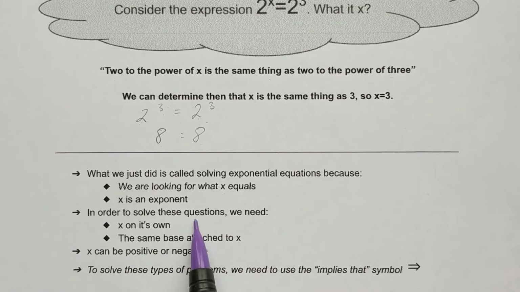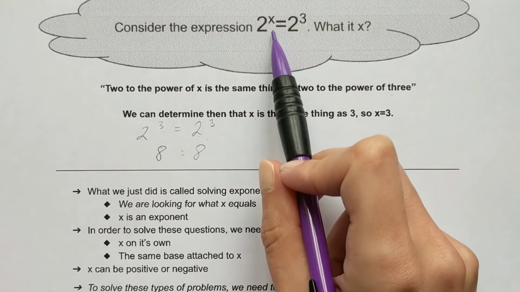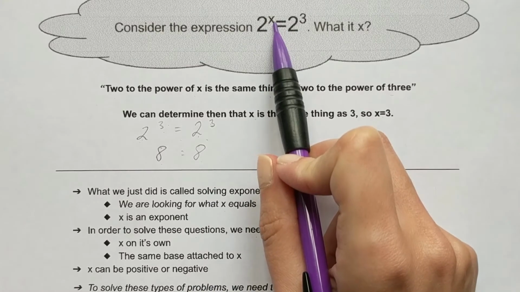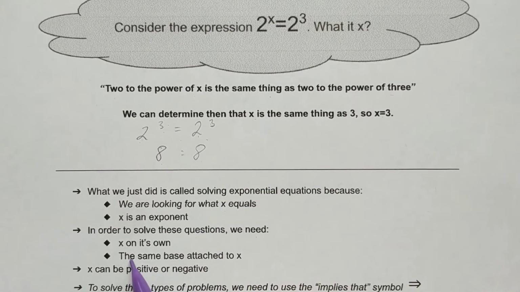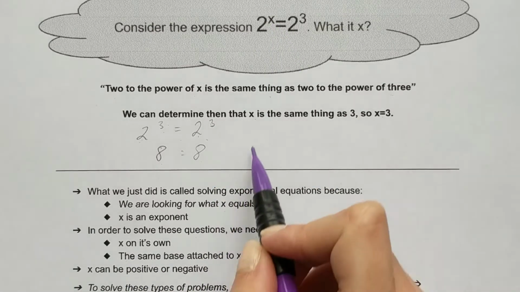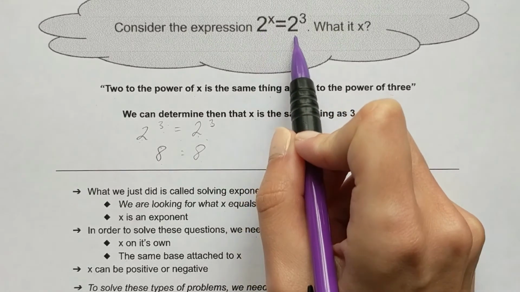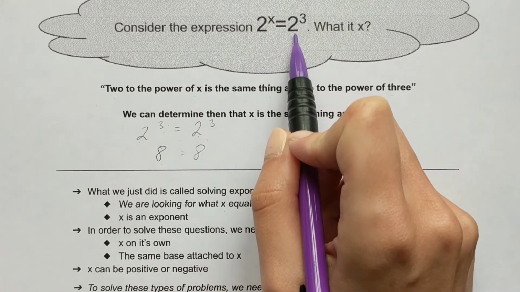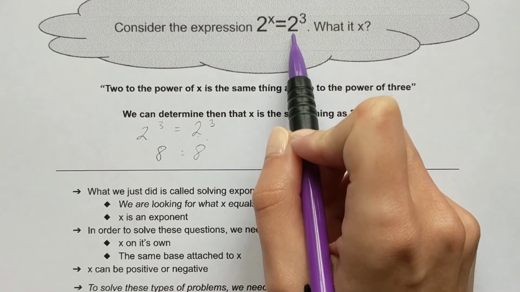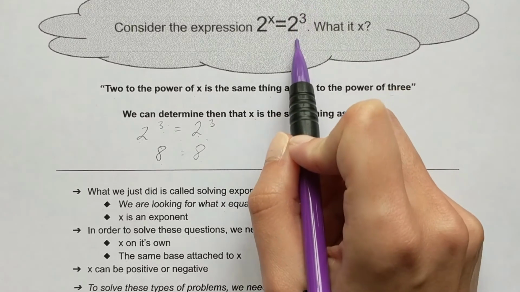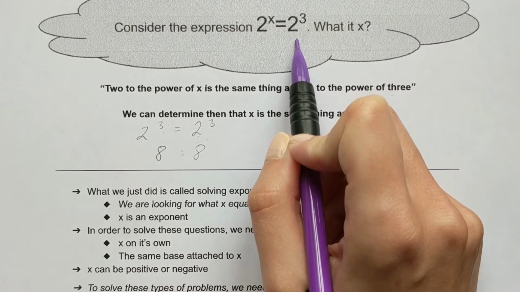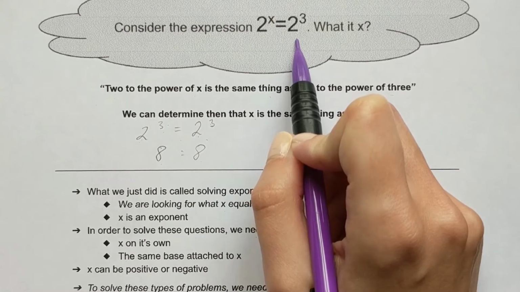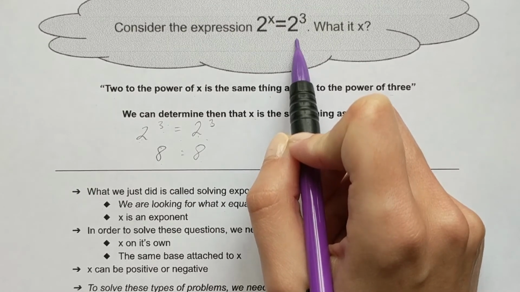In order to solve these questions, we need x on its own, just like here where x was on its own up top, with the same base attached to x. So the 2 and the 2 was key in us being able to do this. If we had a different base value on the right-hand side, we would not have been able to solve this problem as quickly.